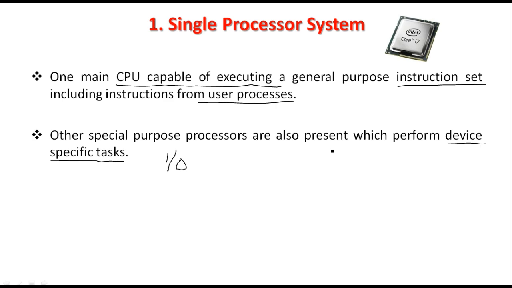The main CPU takes care of all the user processes, but the special purpose processor will perform the device specific tasks. Device related tasks are performed by this special purpose processor.